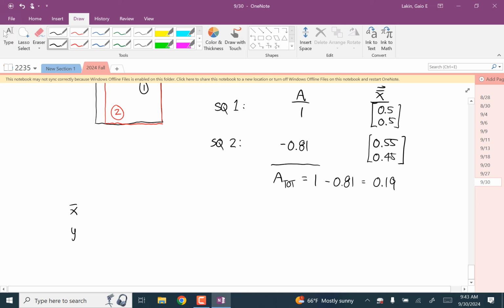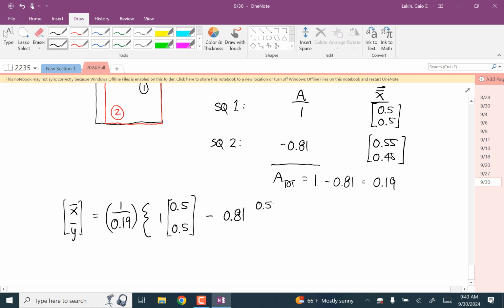So the centroid is 1 over 0.19, times the area 1 times the centroid of that square, 0.5, 0.5, and then minus the area 0.81 times the centroid 0.55, 0.45.